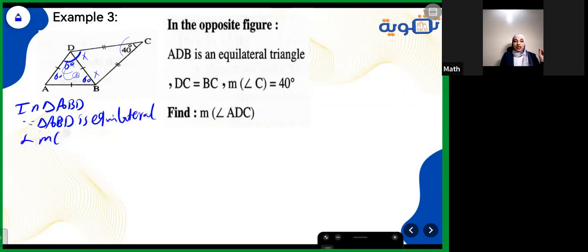Then of course measure of angle A equals measure of angle ADB equals measure of angle DBA, which should be 60 degrees.